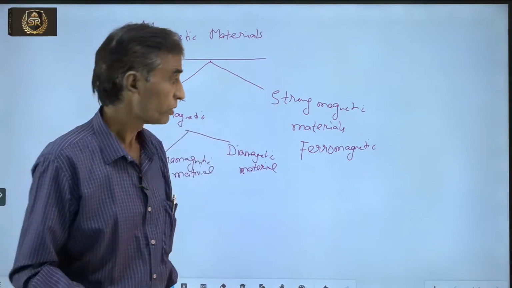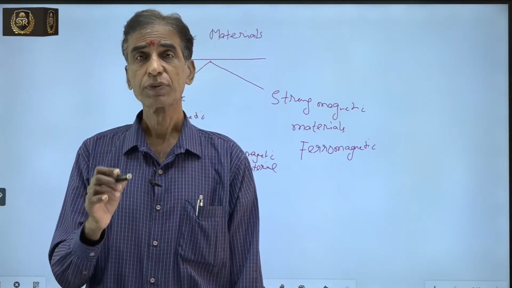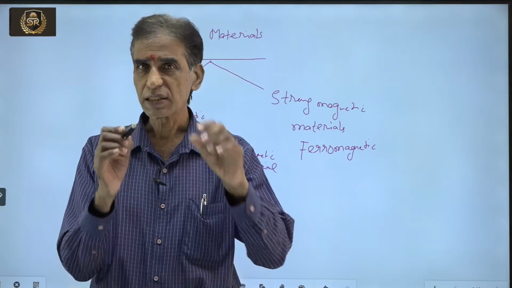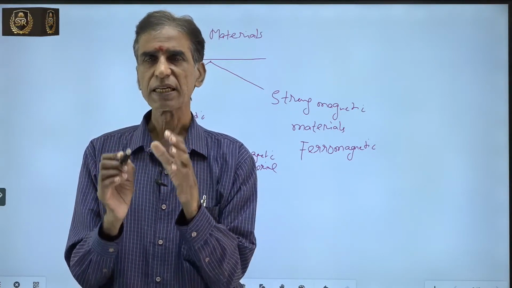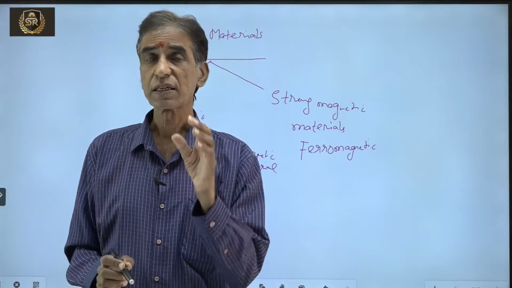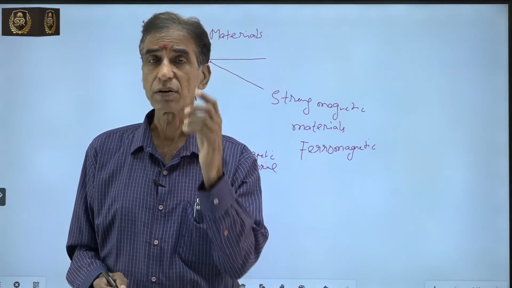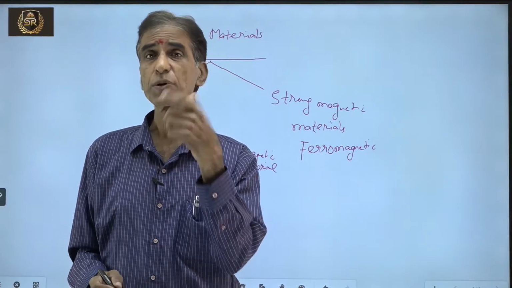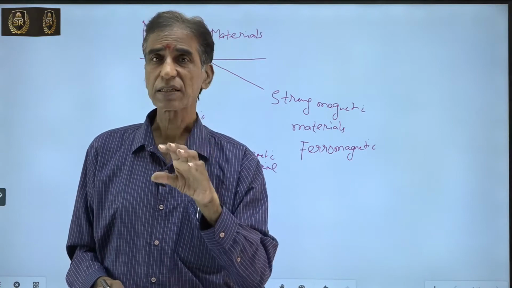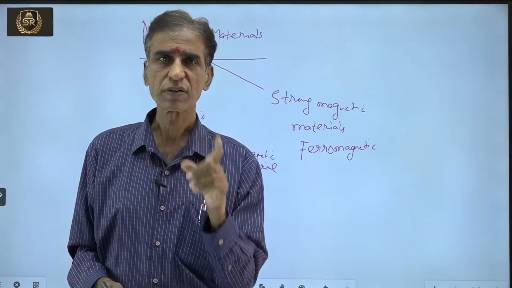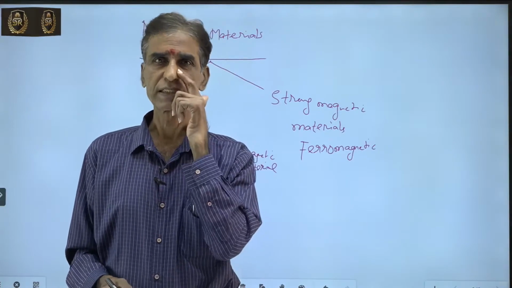Here, what Curie and Faraday discovered is that this magnetic property is because of the rotational motion of the electrons and the spin motion of the electrons. Every electron revolves around the nucleus and at the same time spins around its own axis.